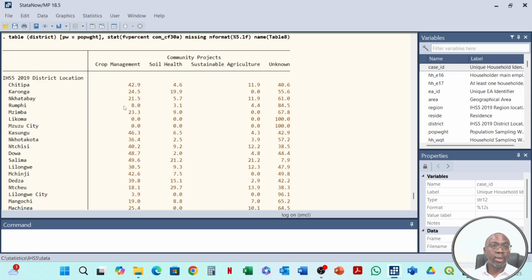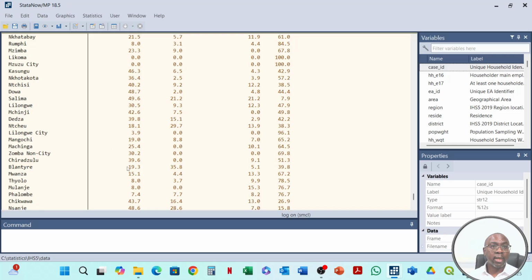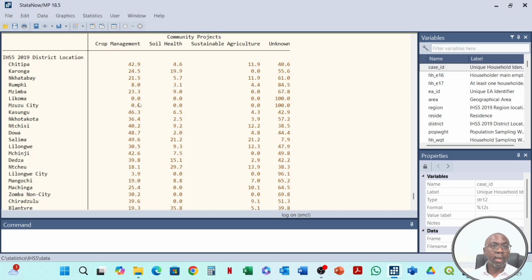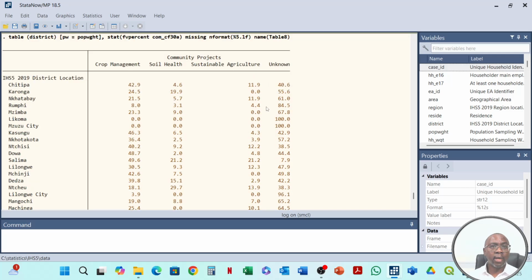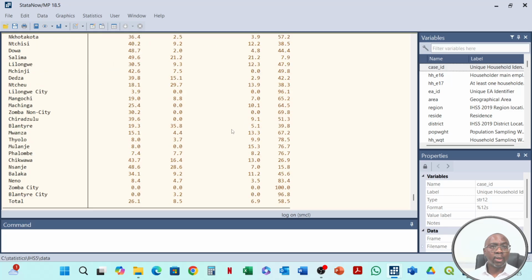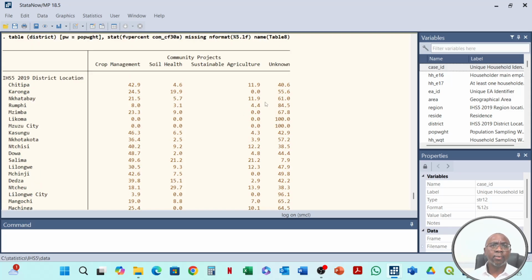So you could see crop management aspects are also common in some, but not in many. For instance, in the cities, seems like it's not pretty much about farming. Also the island, as well as the city in the north. But in some cases, still, you could see that the percentages are also low, not that high. Soil health is not quite common, and then also sustainable agriculture, also not that common, and only a few instances in other areas.